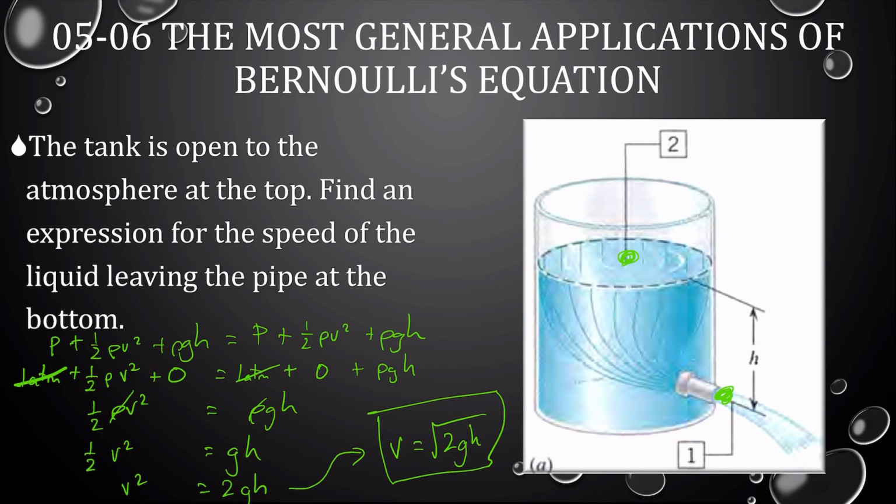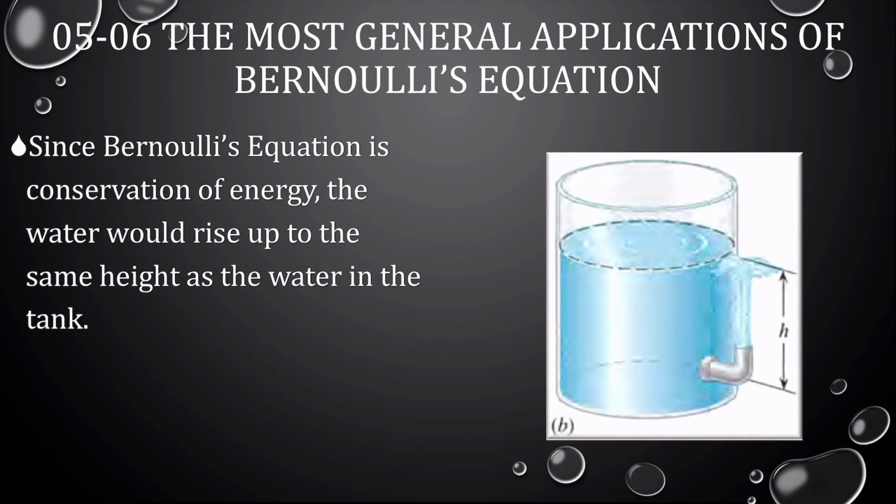What if we added a little bend on that so that the water was shooting straight up? Because Bernoulli's equation is conservation of energy, the water would rise up to the same height as the water in the tank. So, here's the quick reason why.